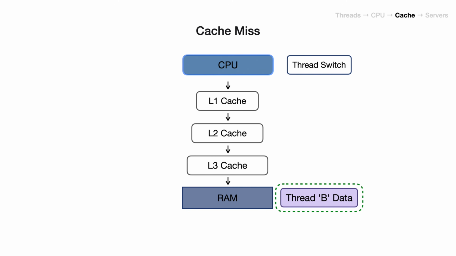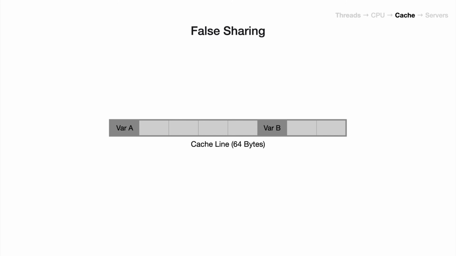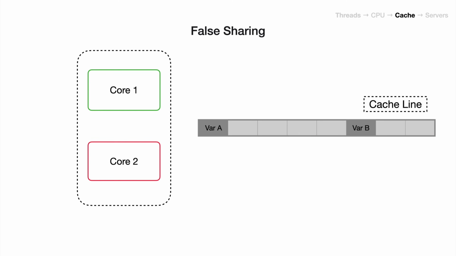But there's another problem that appears on multi-core systems. CPUs don't cache individual variables. Instead, they cache blocks of memory called cache lines, usually about 64 bytes. Now imagine two threads running on two different CPU cores. Each thread updates a different variable, but those variables happen to sit inside the same cache line.